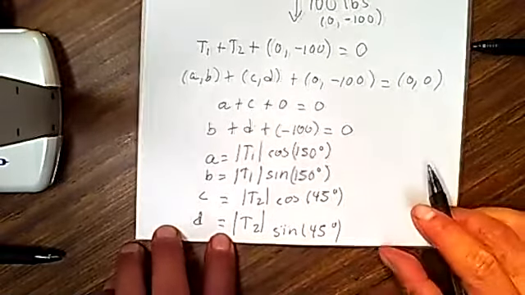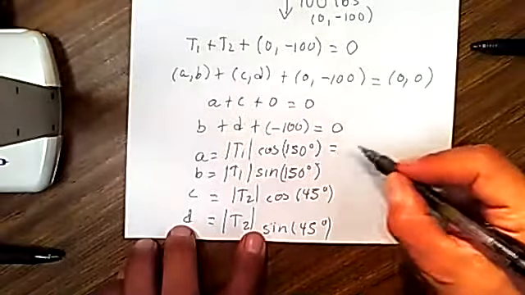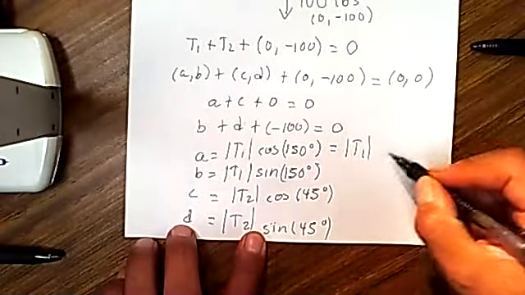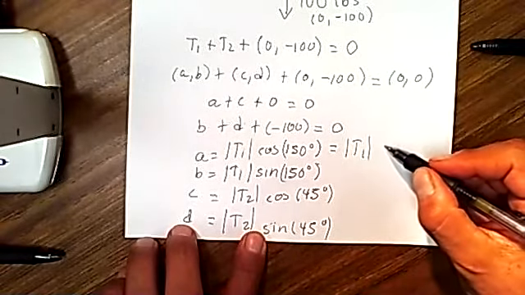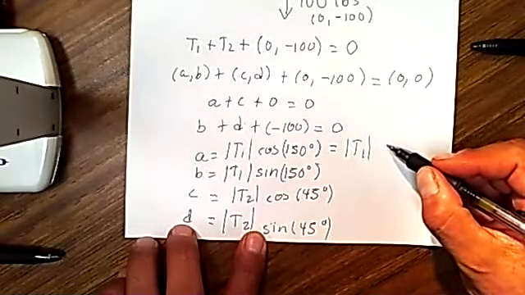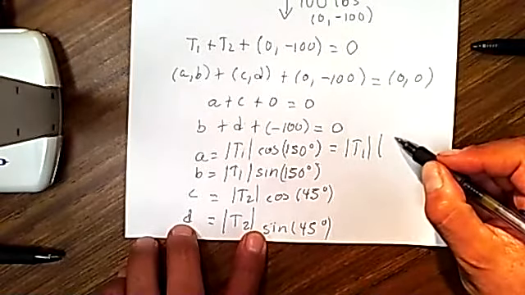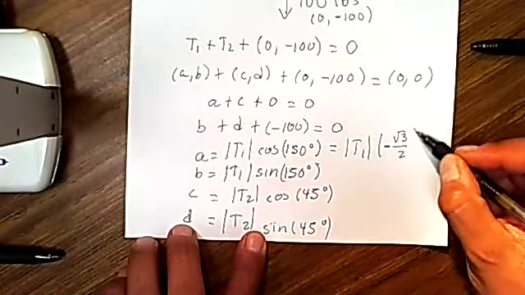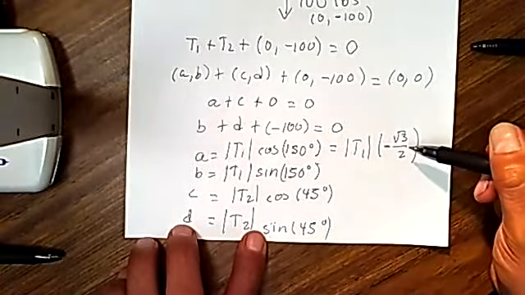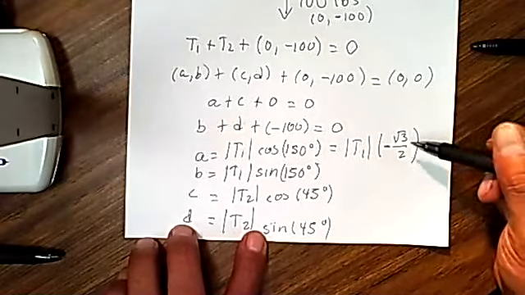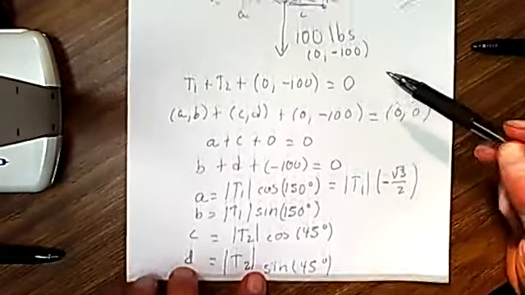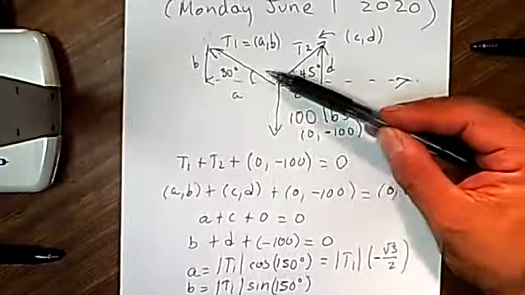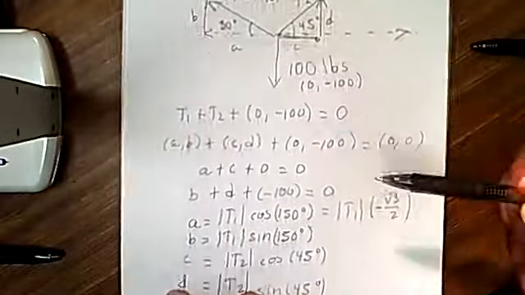Of course, this is the magnitude of T1 times square root of 3/2, negative, which makes sense that we have a negative number there because A goes into the negative direction.